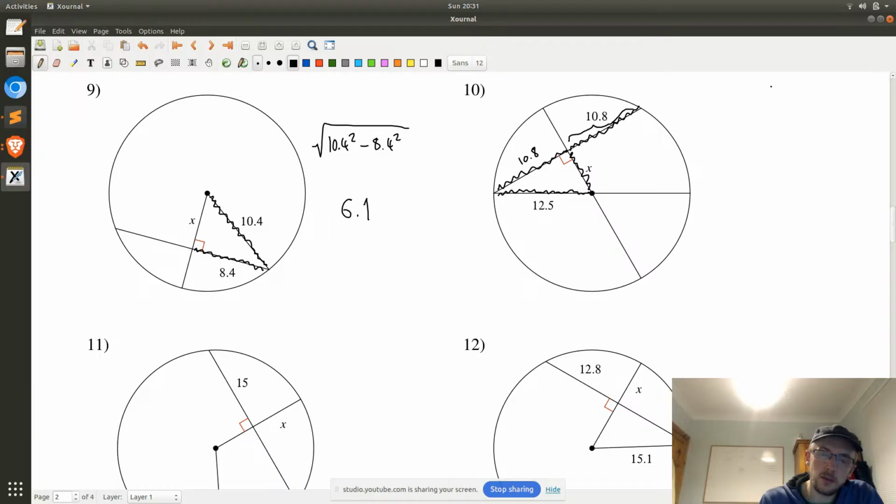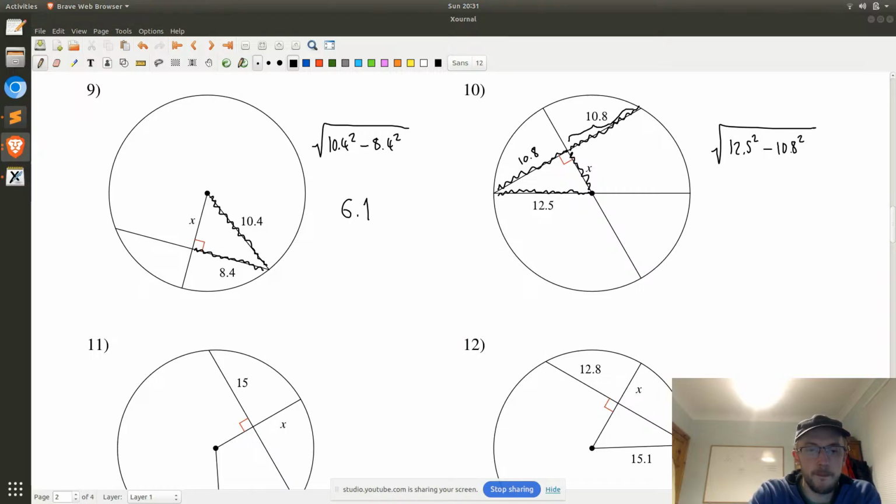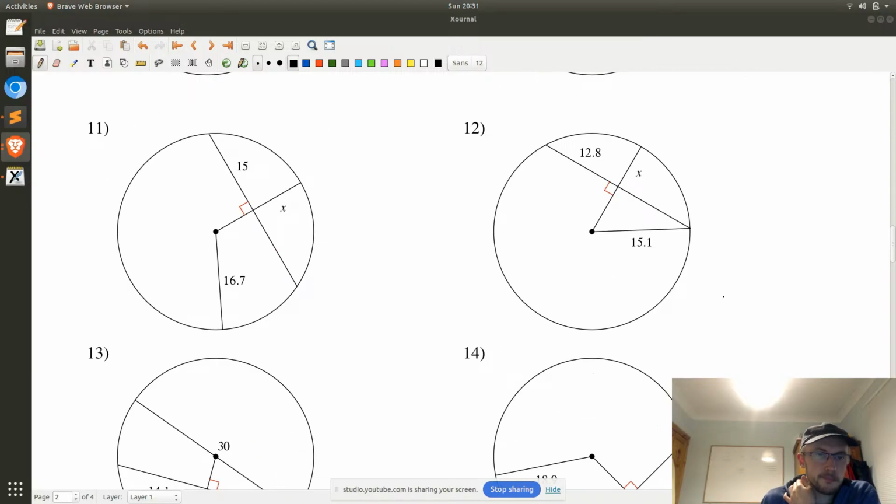And so x would be the root of 12.5 squared minus 10.8 squared, which is 6.3. So we'll check these two. And they're correct. And that's good.